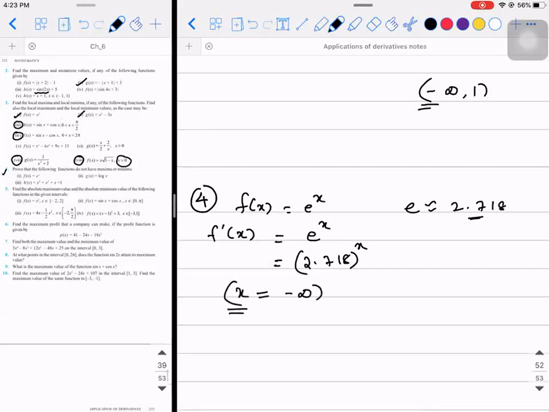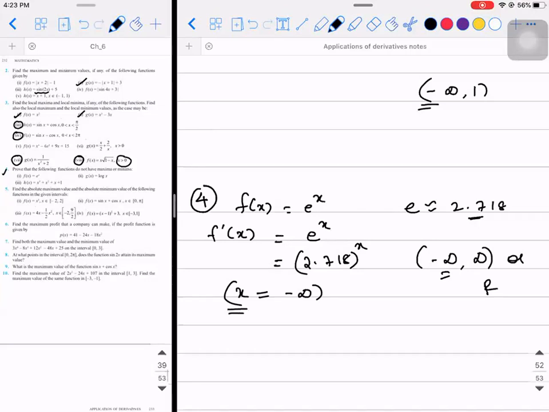No value. x should be minus infinity. Minus infinity is not a part of the domain. Though you write the domain of this function as minus infinity to infinity or real numbers, both mean the same. Minus infinity is not a number. So this function can never be 0. When it doesn't have any stationary point, there is no question of local maxima or local minima.